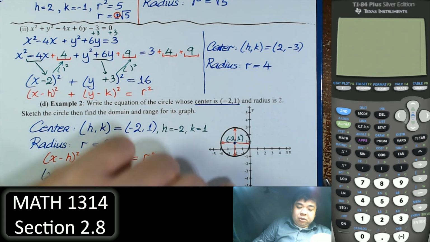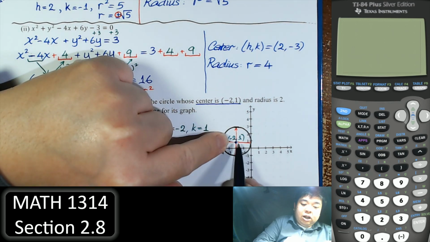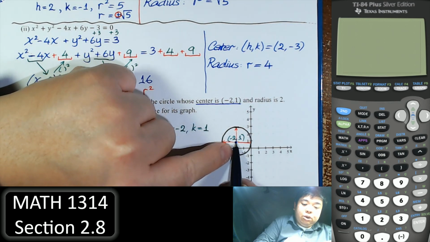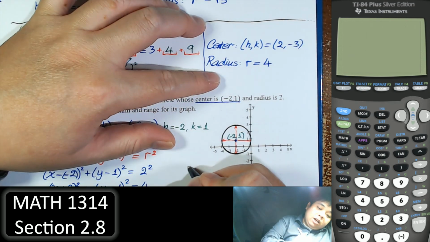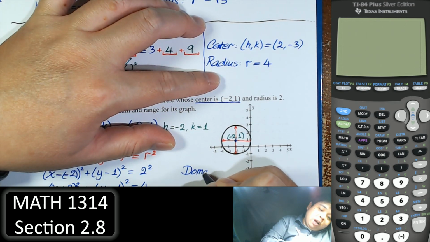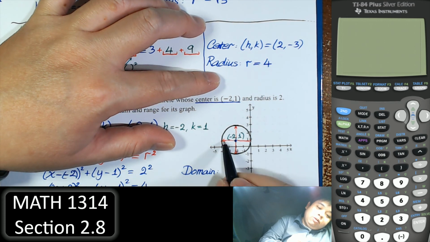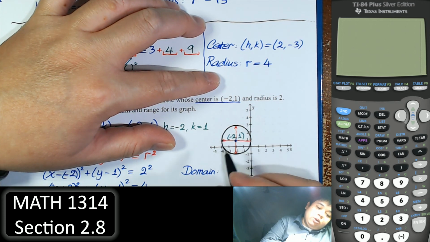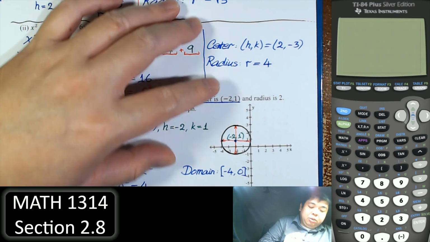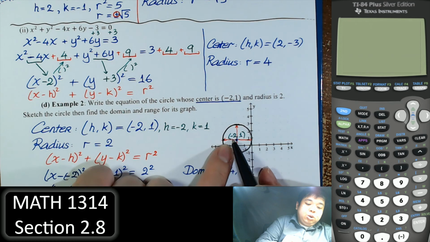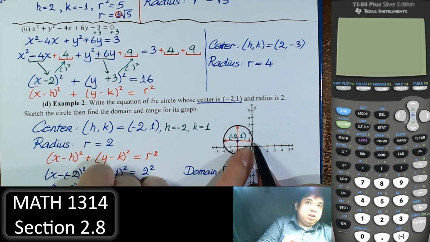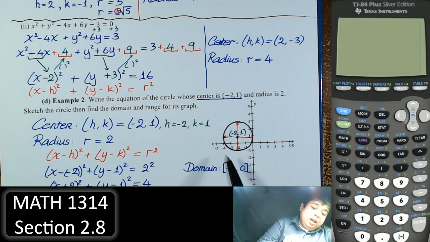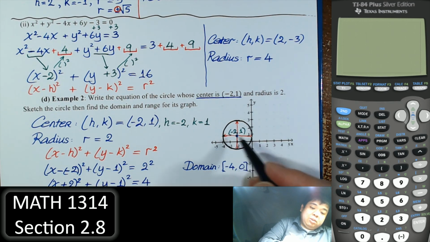From the x value of negative 2, we go 2 to the left and 2 to the right. So the domain, the possible x values, would be from negative 4 to 0, including negative 4 and 0, because there's no empty circle here.